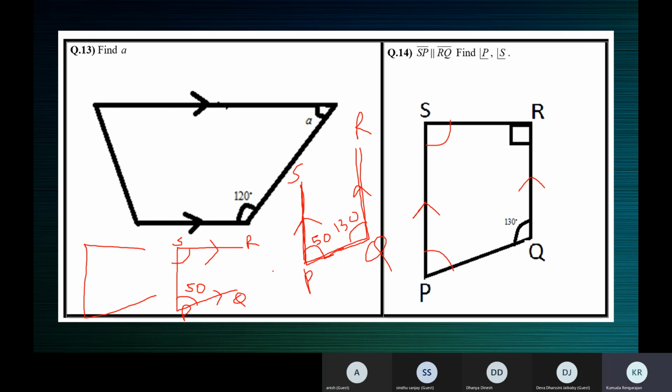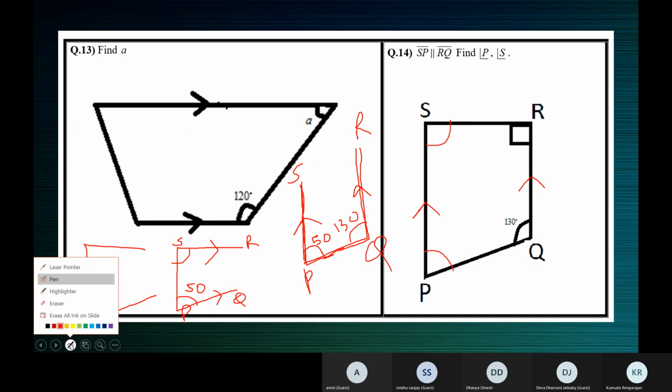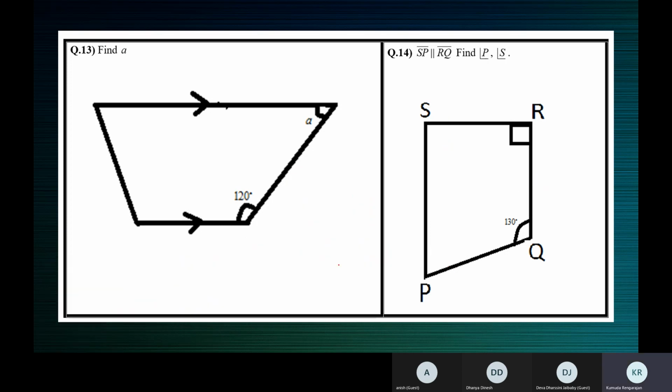Is that clear? Yes, ma'am. Okay. Sanjay and Sindhu, you had a slight confusion there. Is it clear now? Okay.